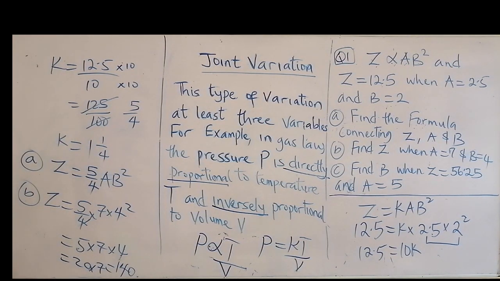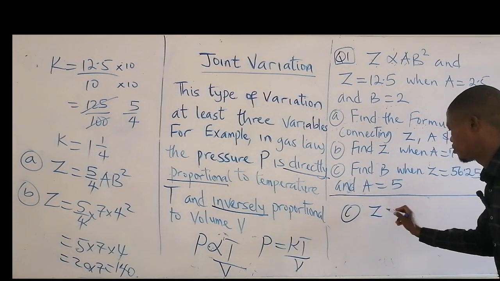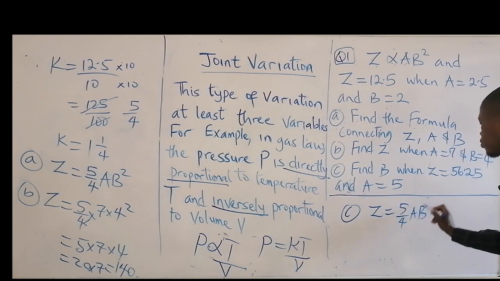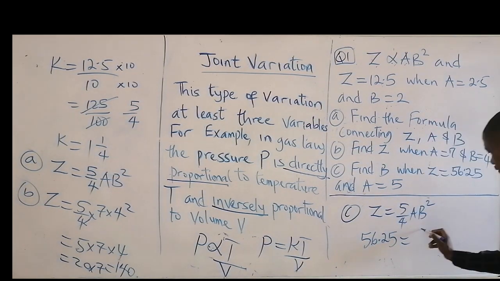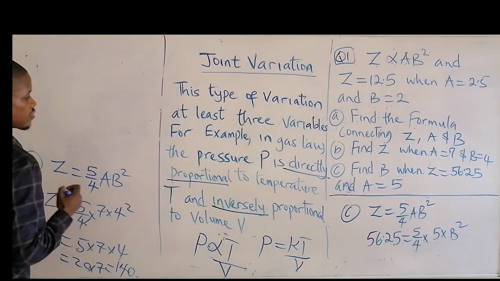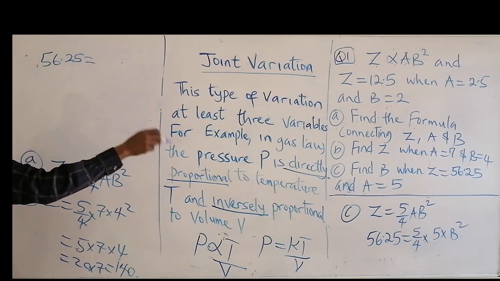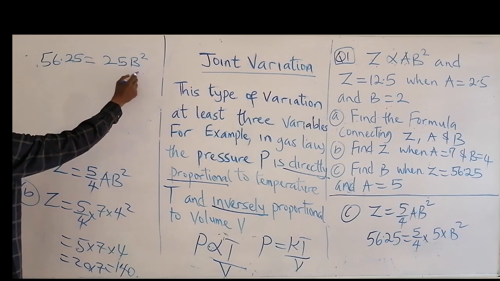Then we go to the C part straight away. For the C part, we have this connection: Z equal to 1 over 4 times A times B squared. So we're looking for B. We have the value for Z, 56.25. Then 1 over 4 times, my A value is 5. So we have 56.25 equal to 5 times B squared over 4.